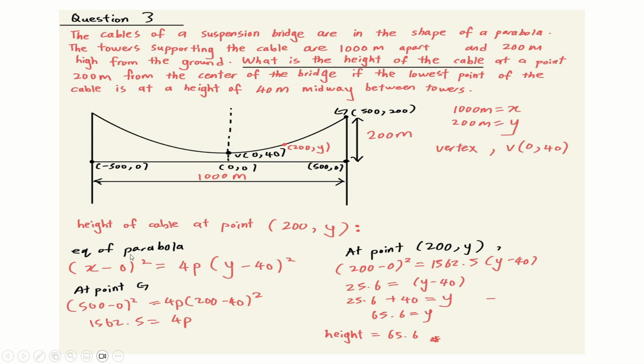So we know that the equation of the parabola is (x minus h) squared equals 4p (y minus k).